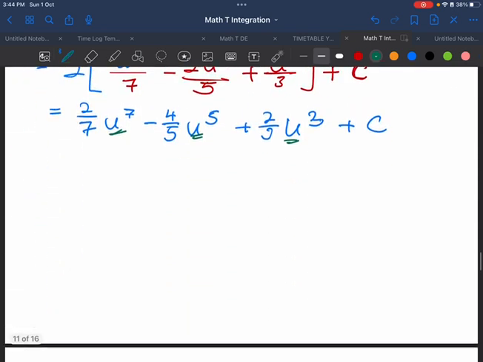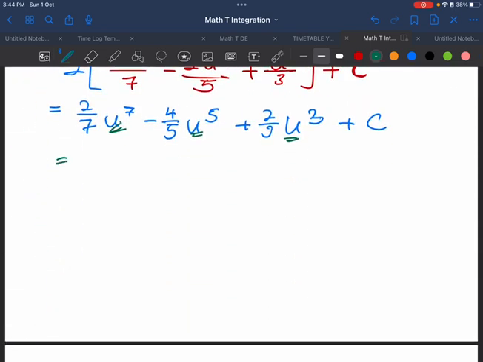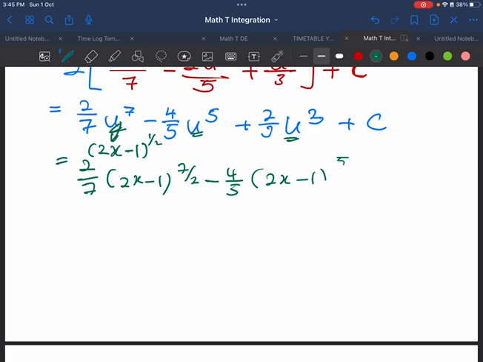So now we can substitute: 2 over 7 times 2x minus 1 to the power of 7 over 2, minus 4 over 5 times 2x minus 1 to the power of 5 over 2, plus 2 over 3 times 2x minus 1 to the power of 3 over 2, plus c.